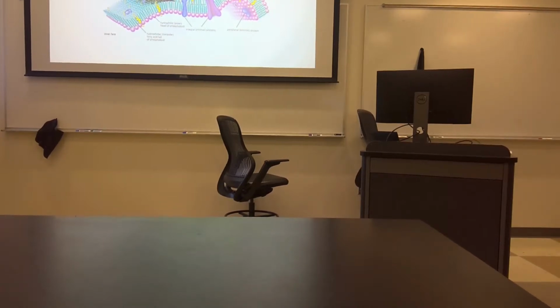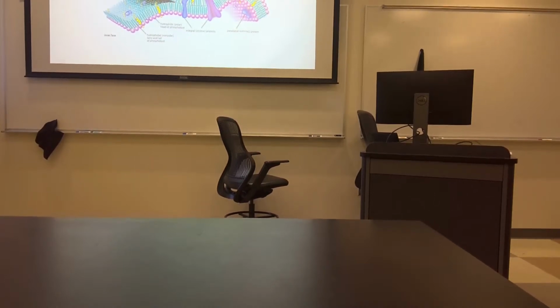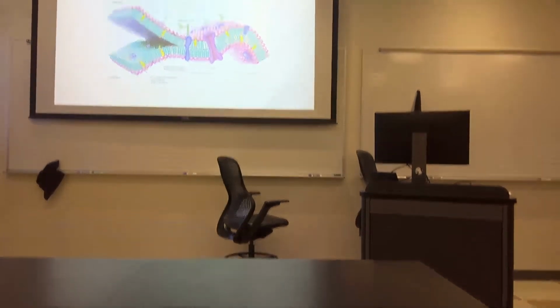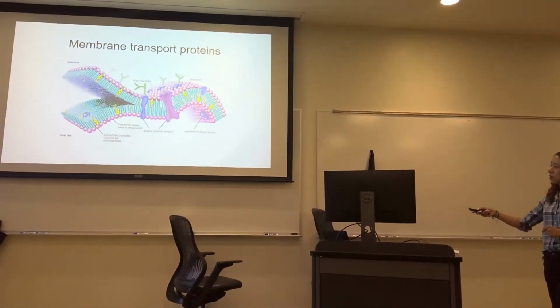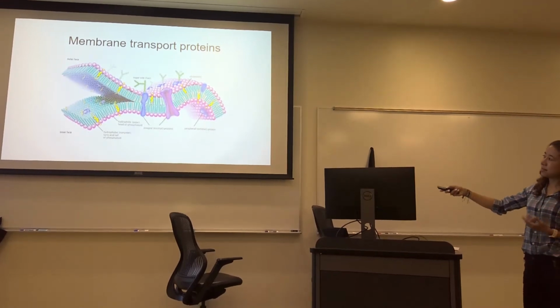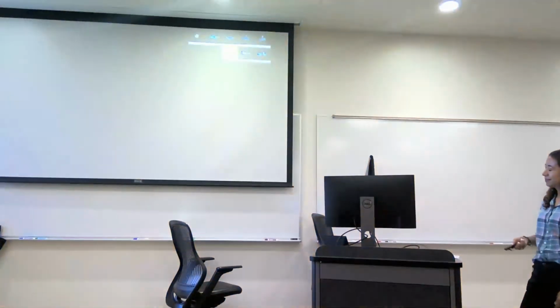Many of the transport proteins we're going to be talking about are fully transmembrane proteins, so you will see them span from one side of the membrane to the other. And so they will help move solutes from one side of the cell into the other.